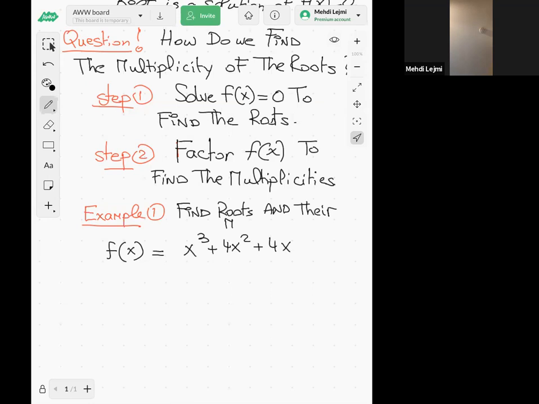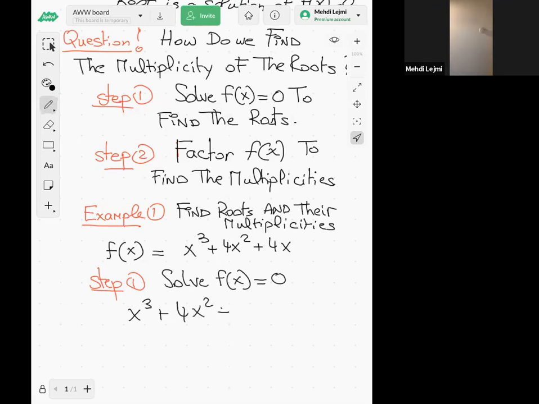So step 1, we said we have to solve f of x to find the roots. So we have to solve f of x equal to 0, and that will be x cubed plus 4x squared plus 4x equals 0.